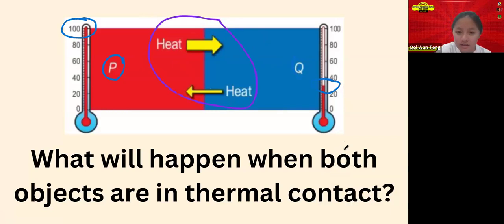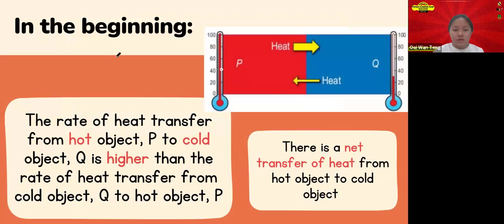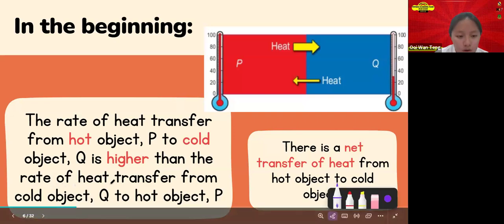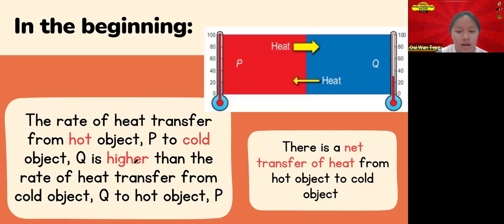Let's see. In the beginning, the rate of heat transfer from the hot object P to the cold object Q is higher than the rate of heat transfer from the cold object Q to the hot object P. Why is the rate of heat transfer from hot object P to cold object Q higher than from the cold object to the hot object?